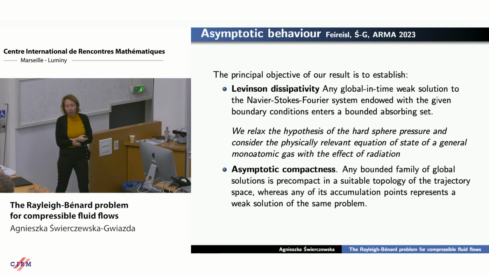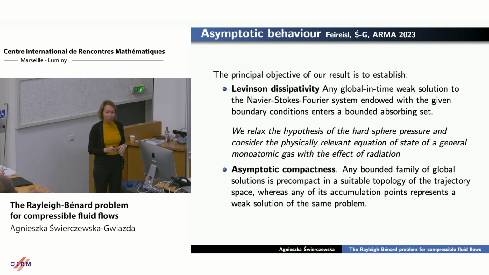I made a slide on the details of this pressure at the end. I don't want to put it here because I thought that maybe no one would be so interested in the exponents except Evelina for sure. Let me not go into details and come back to this later. And there is the asymptotic compactness that I mentioned: any bounded family of global solutions is precompact in a suitable topology of the trajectory space.